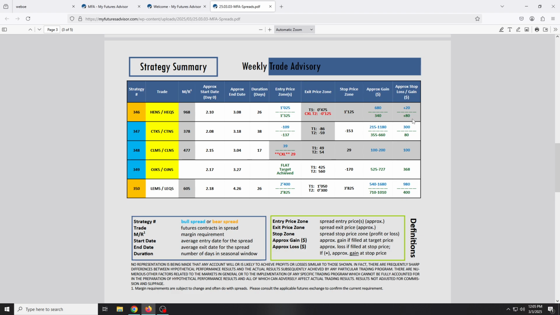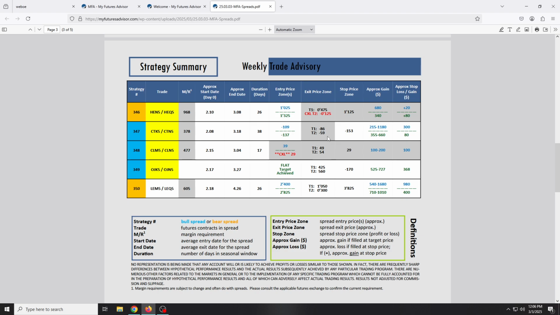And then in terms of the cotton market here, the bull spread in the May versus July, I have tweaked the exit prices, and this is just based on walking these spreads forward. So as time evolves through the seasonal window, my interpretation of the potential gains and unrealized drawdowns can change, which just makes sense.